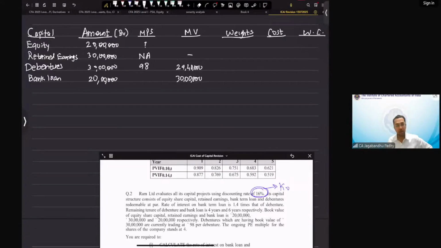Here we don't take any market value for retained earnings, but yes, for equity, I need to use the P/E ratio to get the price and then get the weights, right? So this is going to be done by some working note, which we will do below.